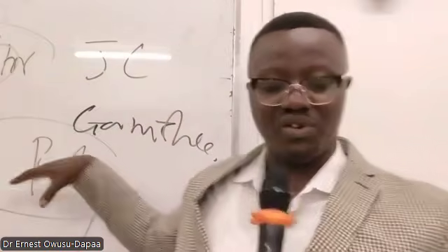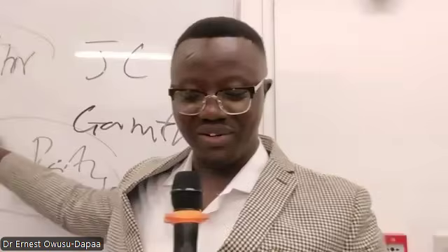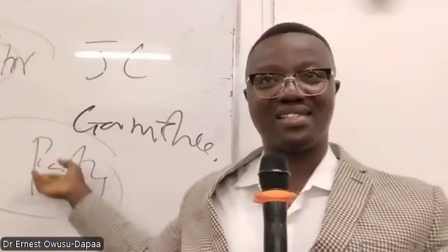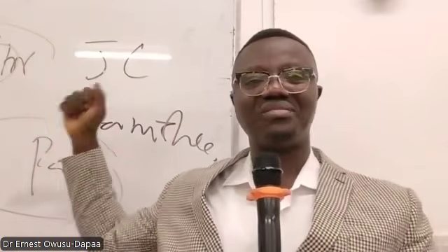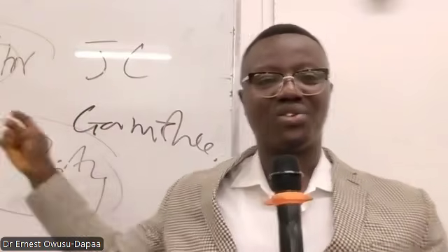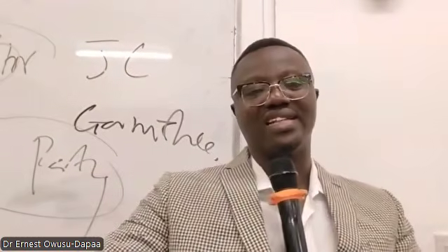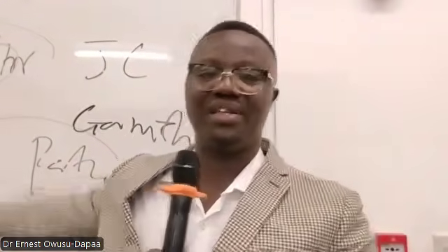Now, just before we look at the law, I'm sure you have read that Garnishee involves a two-stage process. The first one is what we call the Garnishee order nisi. That's a provisional order made, directing the Garnishee.